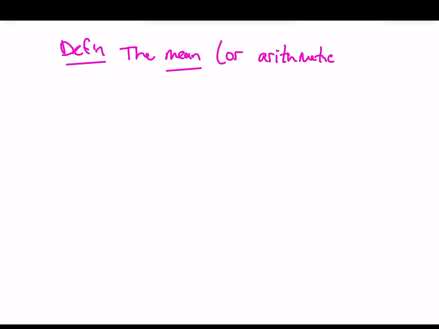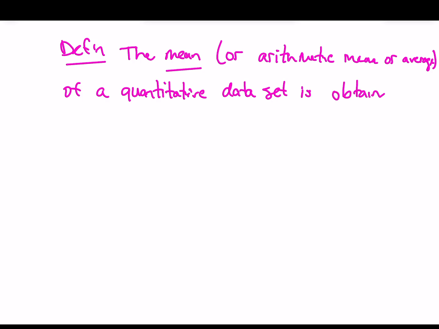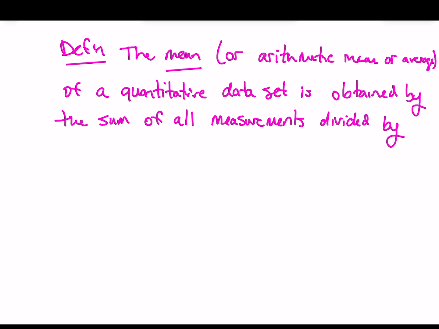Let's do some more definitions. Now we'll define the specific measures of central tendency. The mean or arithmetic mean or average of a quantitative data set is obtained by the sum of all measurements divided by the number of observations.